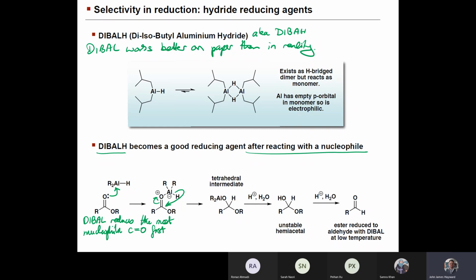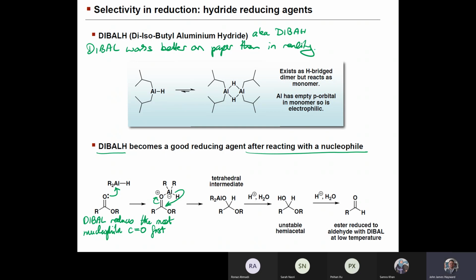So if you've got the choice between, let's say, a ketone and an ester, because of the first step being the complexation, it will usually go for an ester first. The problem is it will go first, but not in 100% selectivity. And, you know, the better the selectivity, the happier we are.